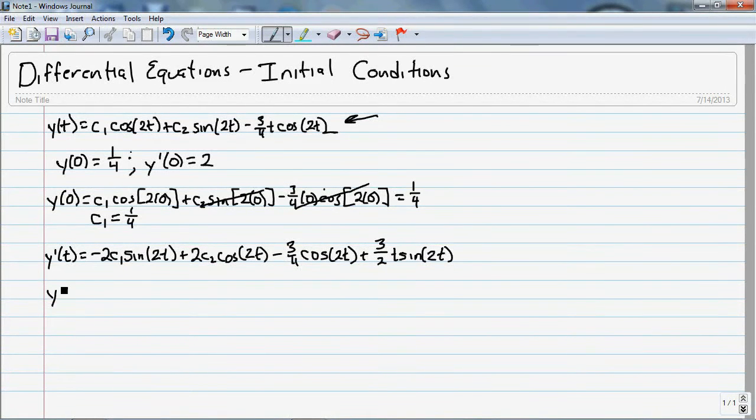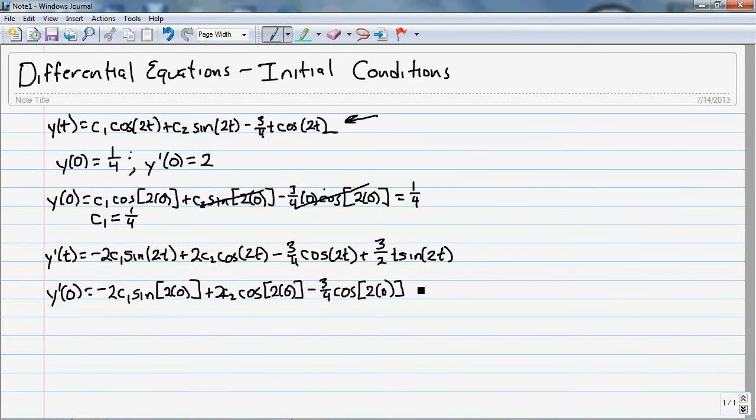And now I can put in my 0 for t. And that's going to be equal to 2.